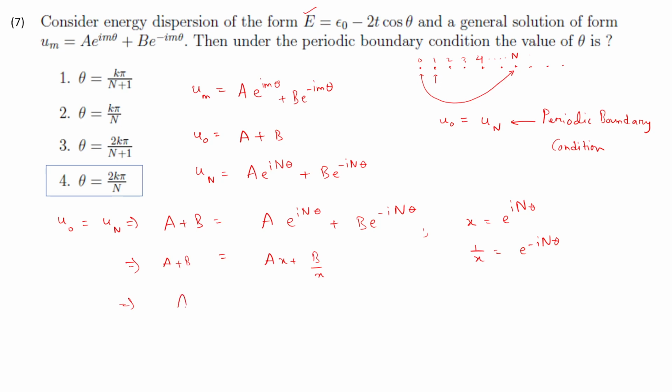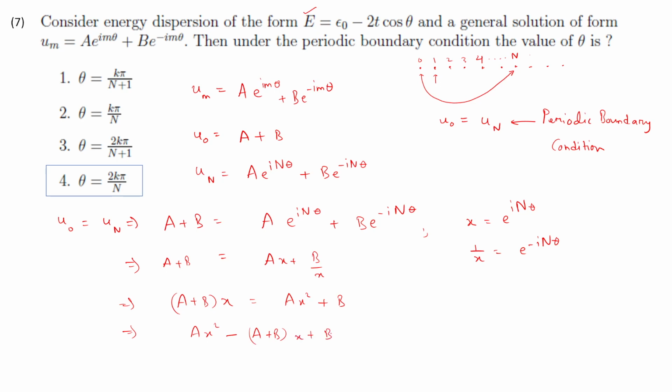So we multiply everything by x: Ax squared plus B equals (A plus B)x.